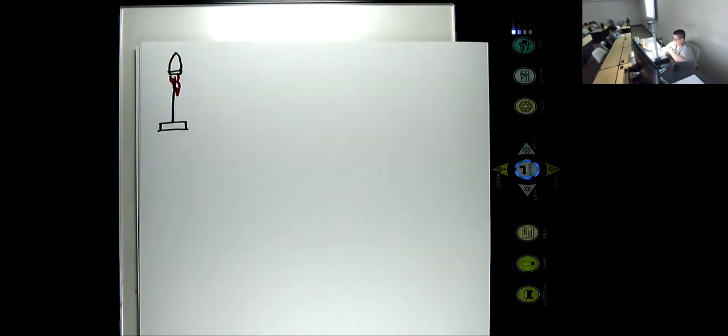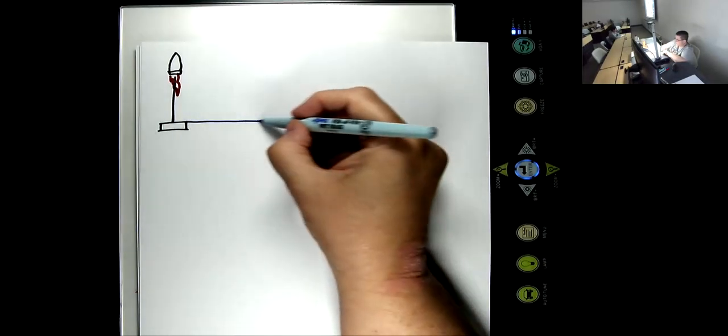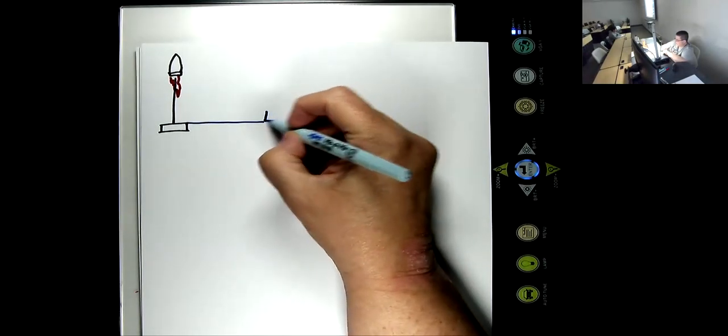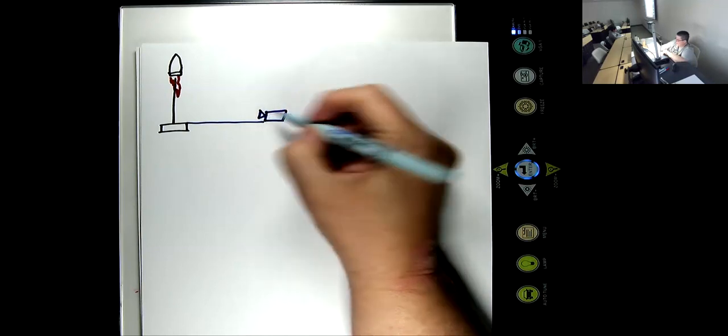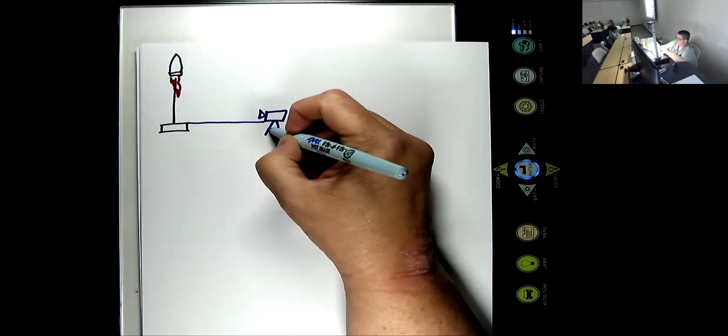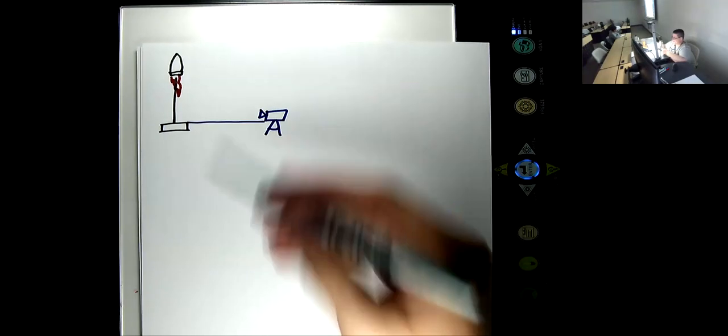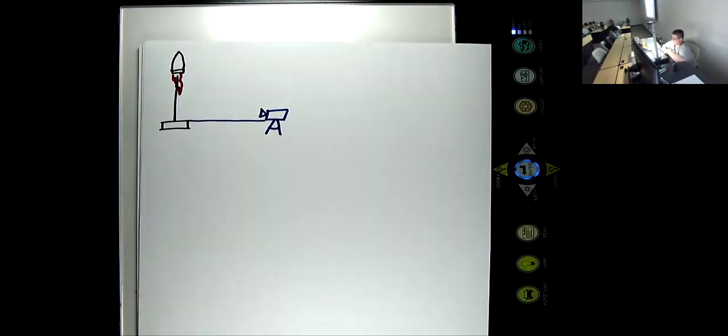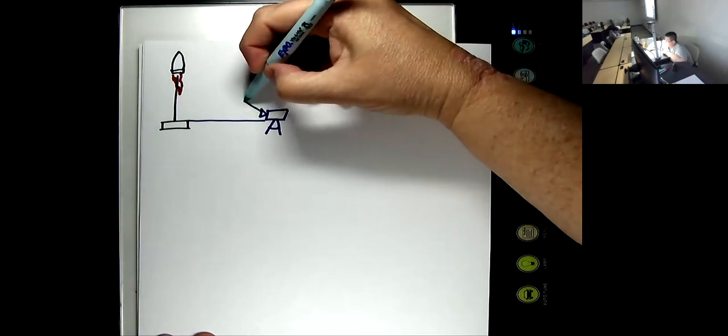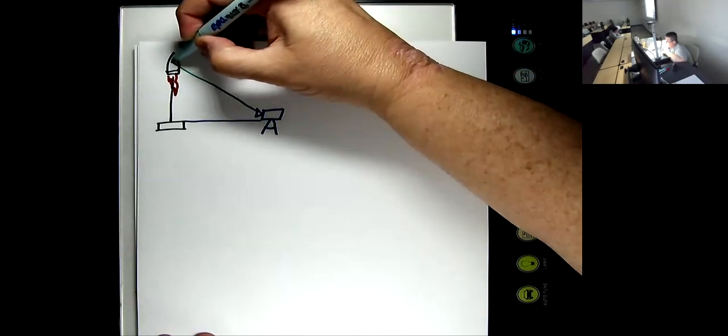And 4,000 feet away, we have Mr. Cameraman here. And he's filming that. And we'll make it go to the center of the rocket because that's where the camera would point.